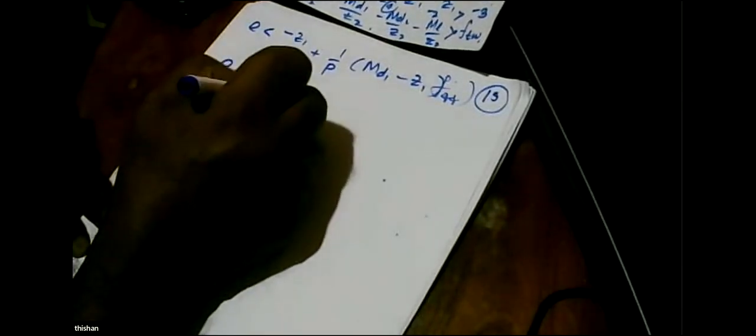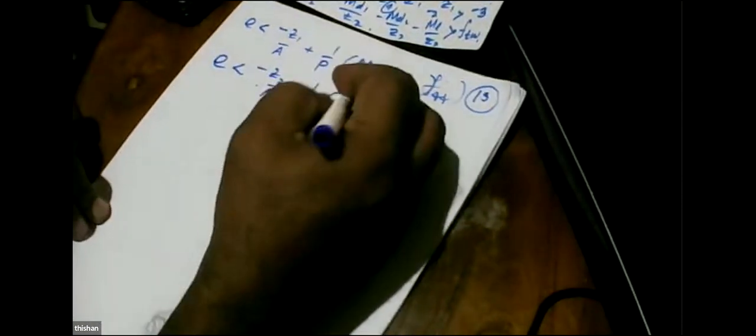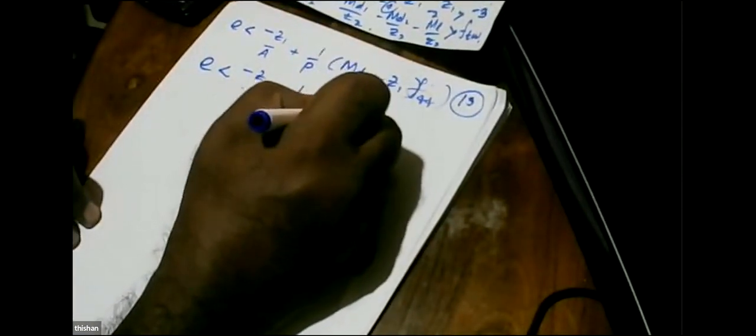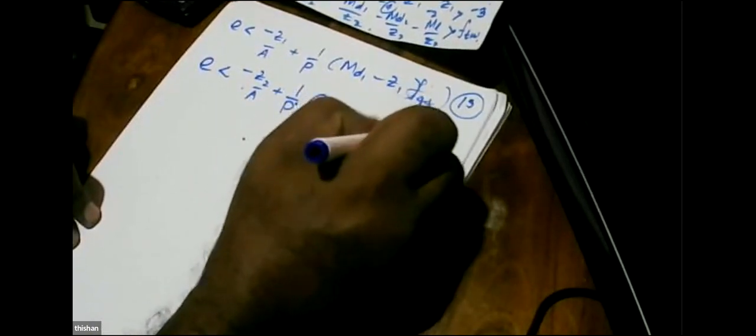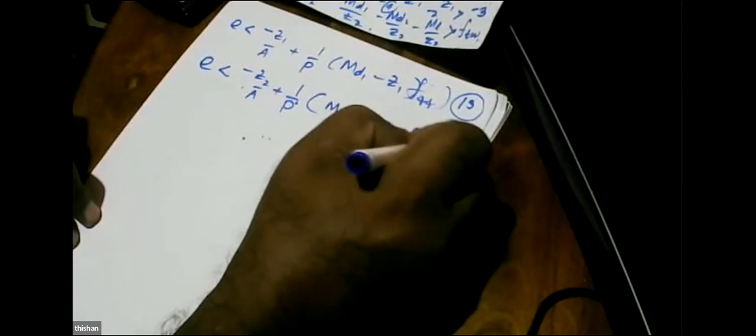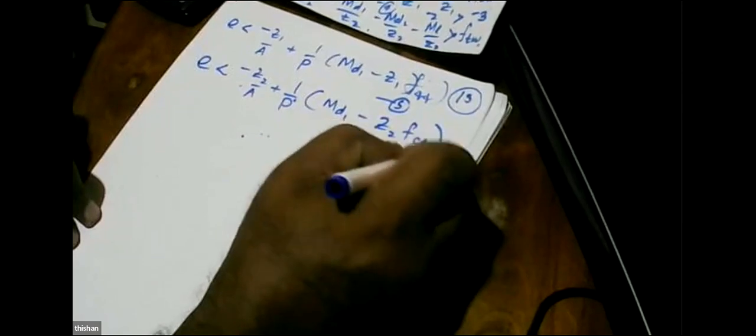If you look at the second equation, again you can see E is less than minus Z2 over A plus 1 over P MD1 minus Z2 FCT. This is equation number 5. This is equation number 6.